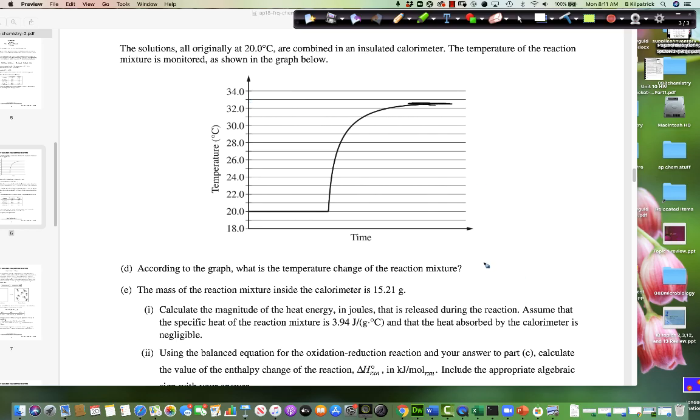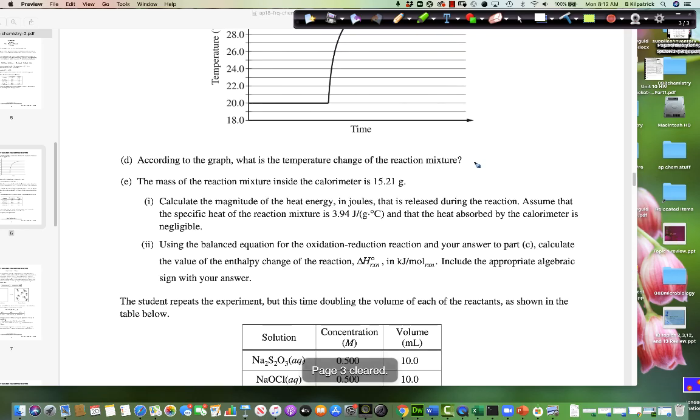So 32.5 minus 20 will give me 12.5 degrees Celsius. All right, so now, the mass of the reaction mixture is going to be 15.21.